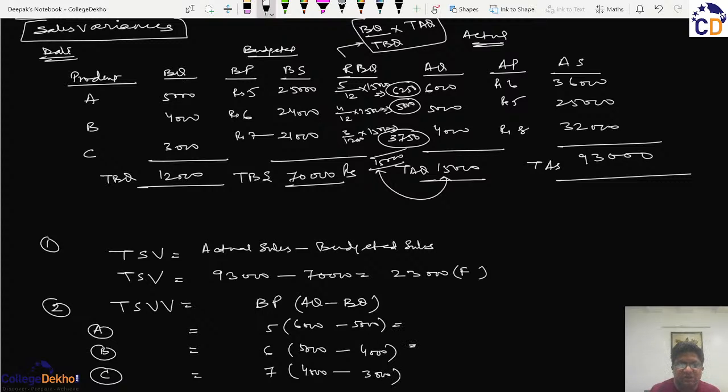So you will see that actual is more, so this will be 5,000 favorable, 6,000 favorable, and this will be 7,000 favorable.